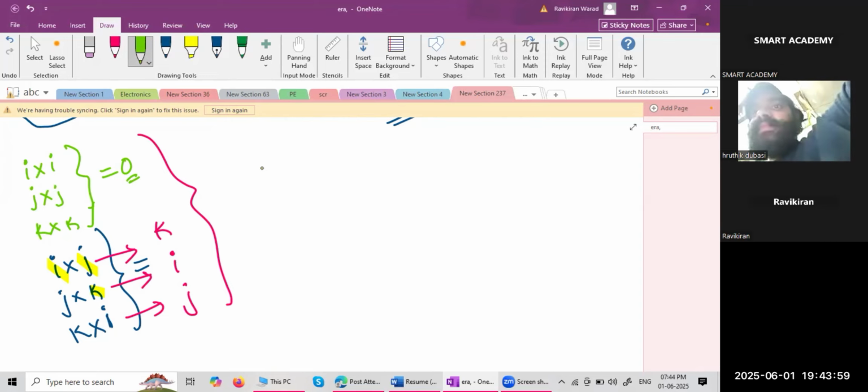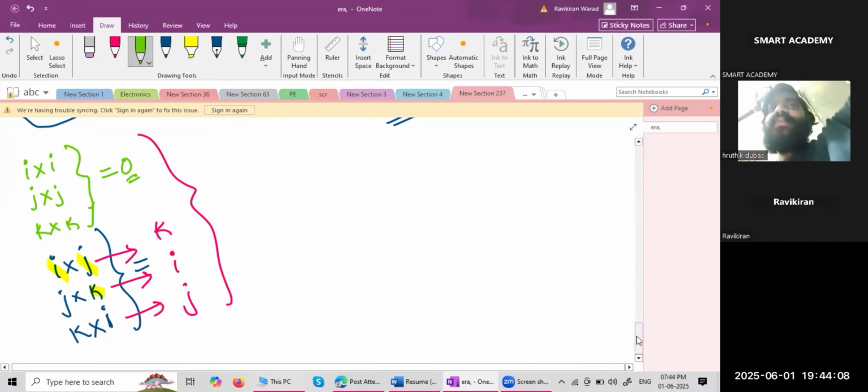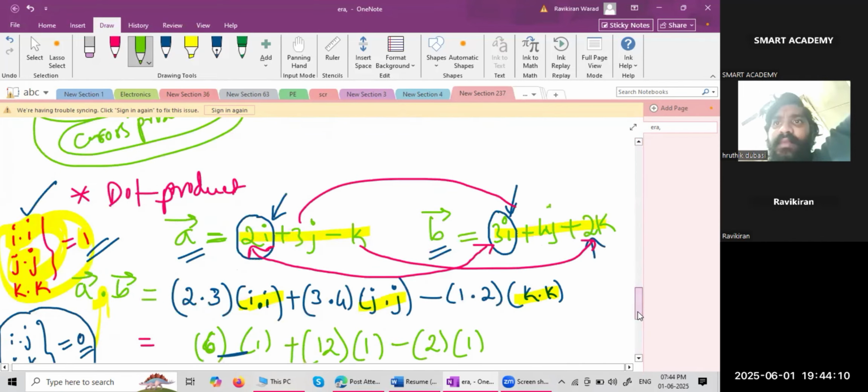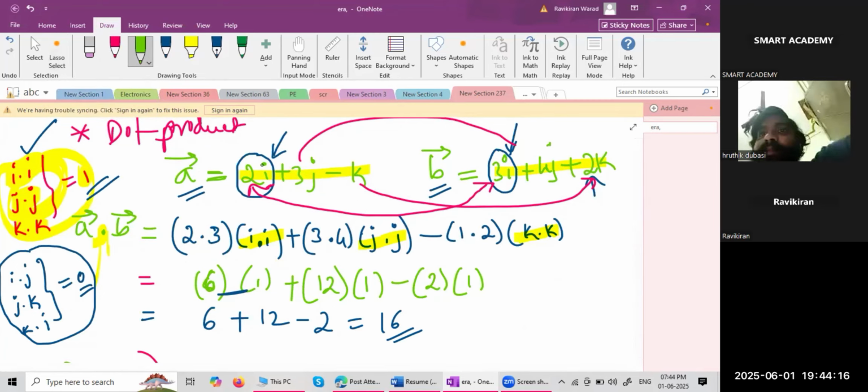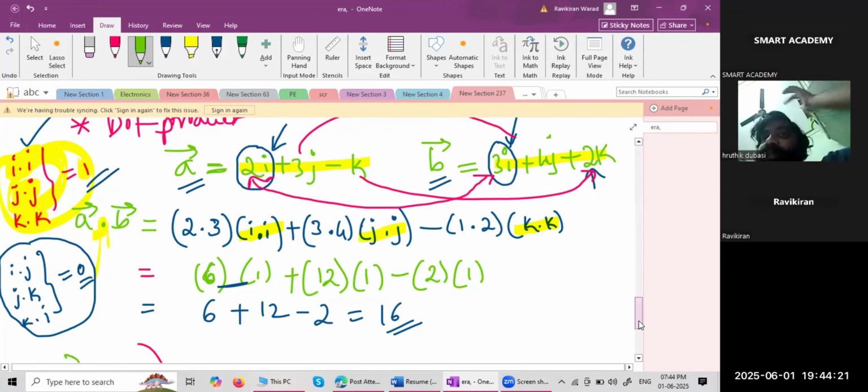Now, let us discuss how to find the cross product of two vectors. Let me consider the same vectors, whatever the two different vectors we considered here. What is the first vector? Vector A is equal to 2i plus 3j minus k.